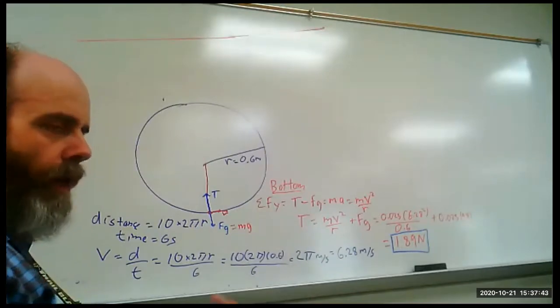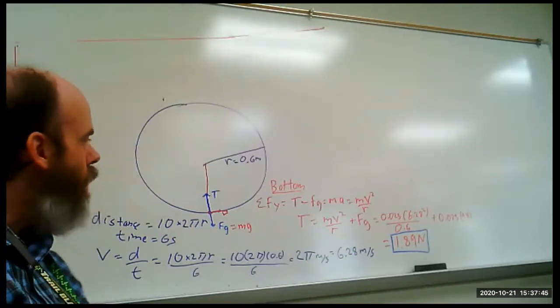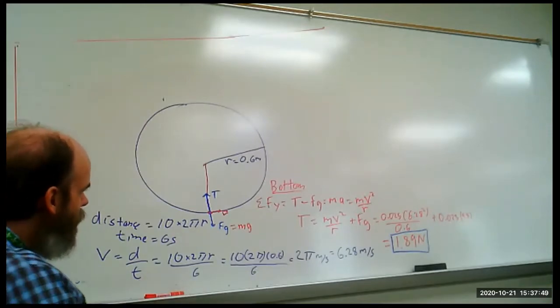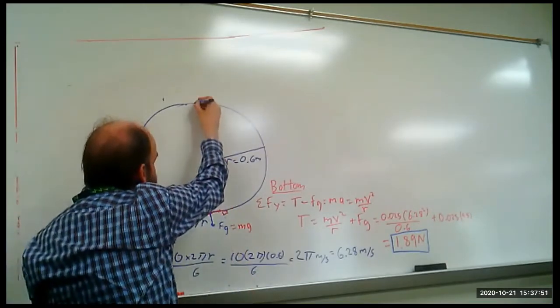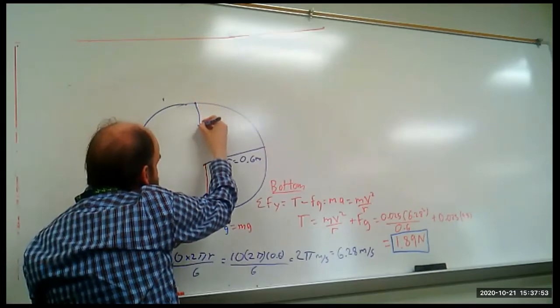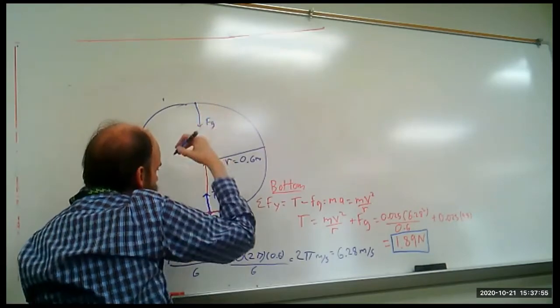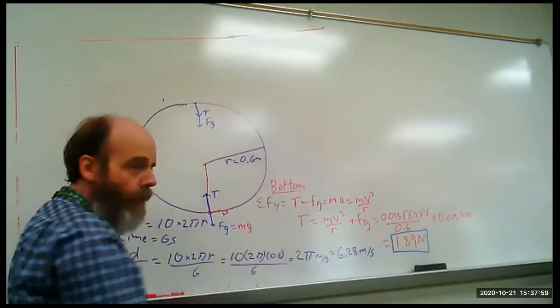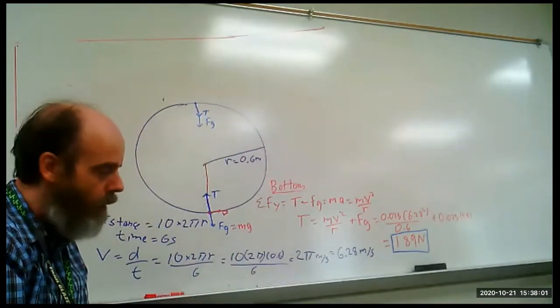Okay, let's do tension at the top. So at the top, what are the forces that we have? We have force of gravity down, and we also have the tension going down. They're both going down.